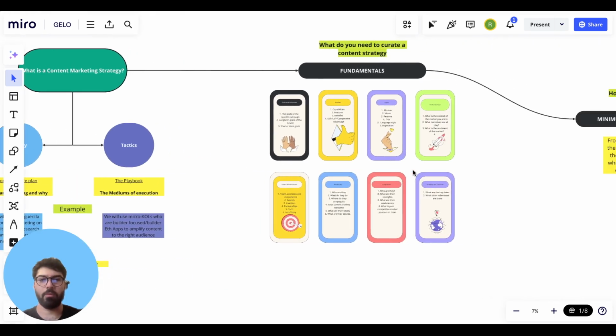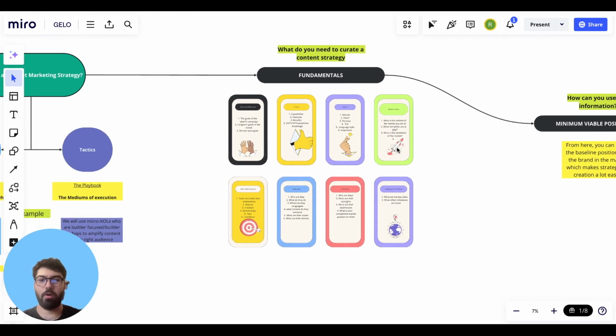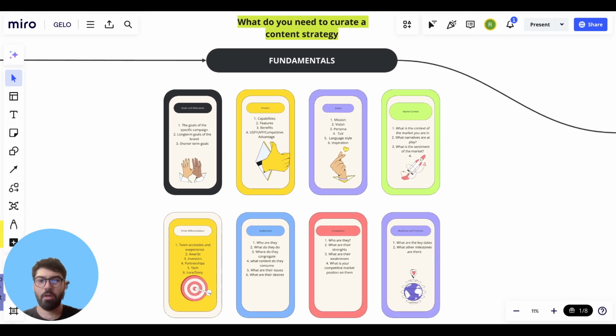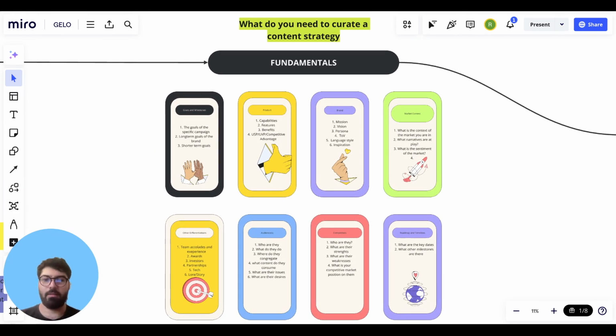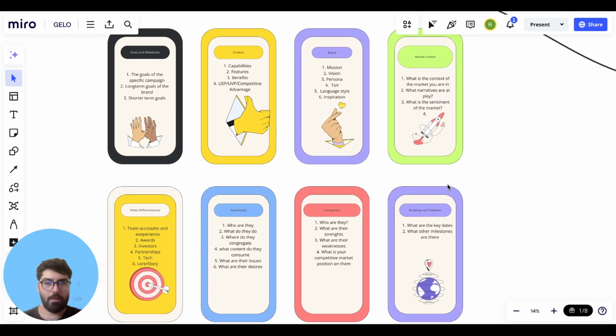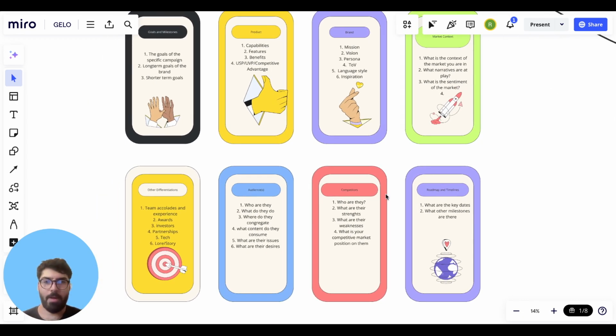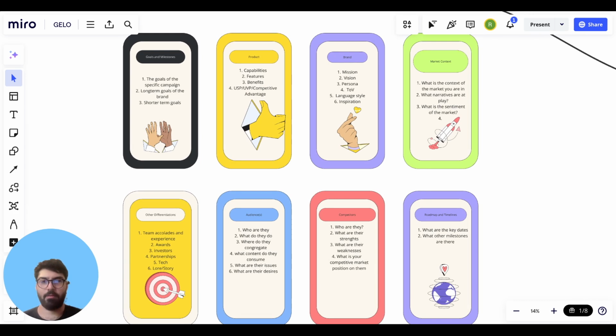And this is where it comes to the fundamentals of a content strategy. So usually we bucket these things in. There are 8 things you need to basically acquire to start creating a cohesive and well put together content strategy. They include the goals and the milestones or the vision, the product, the brand, market context, roadmap and timelines, competitors, audience, and other differentiating factors.